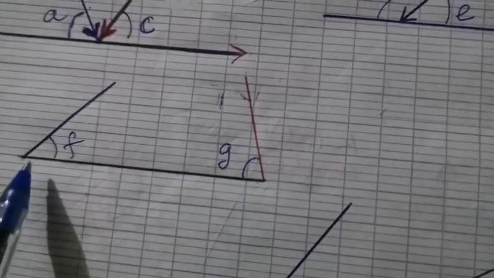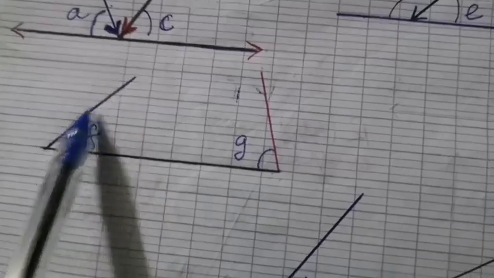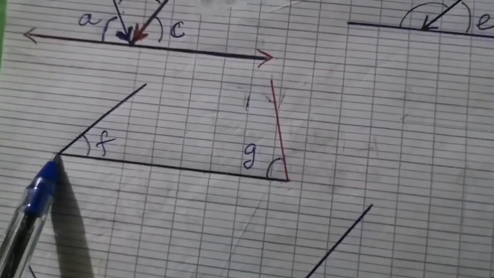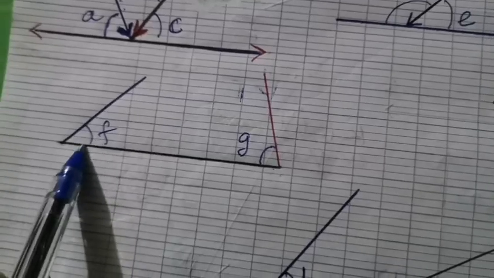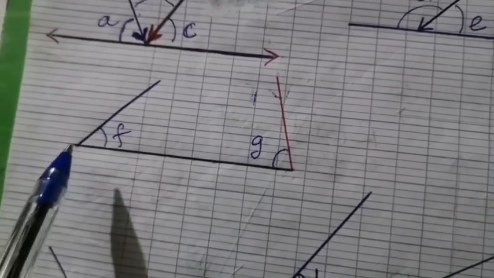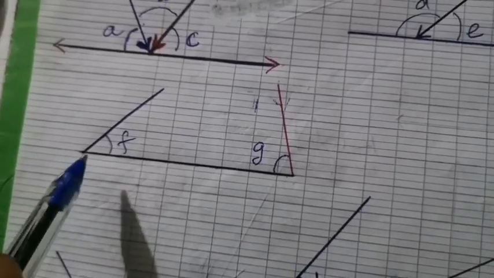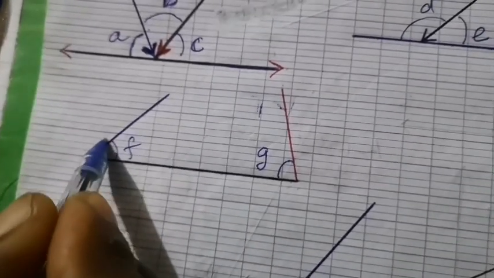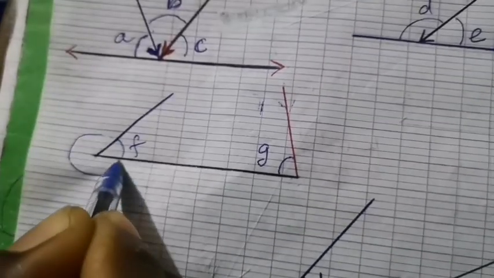Instead, we can call it angle at a point because these two lines meet at a point to form their angles. And for angle at a point, the sum of angles at a point is 360 degrees. And that point is this angle, an angle that is going to form from here like this to this place.